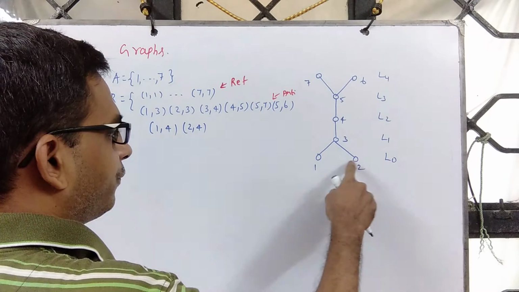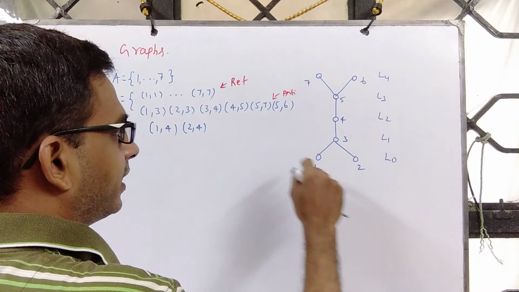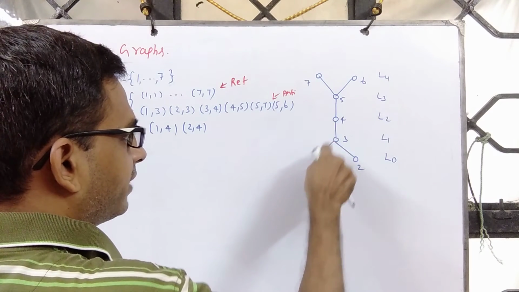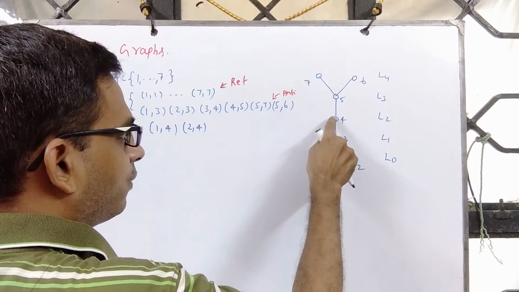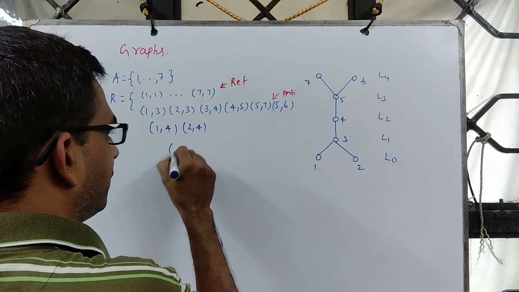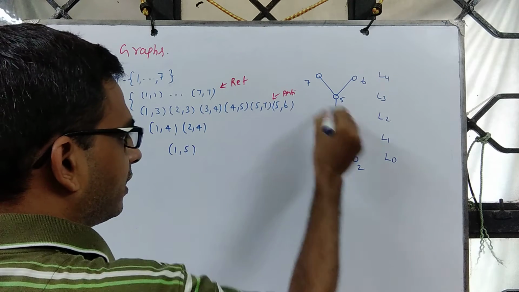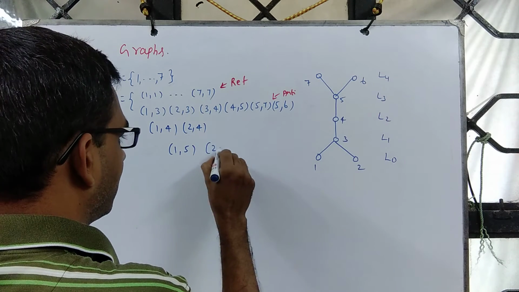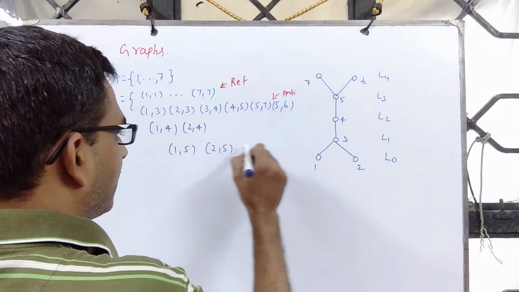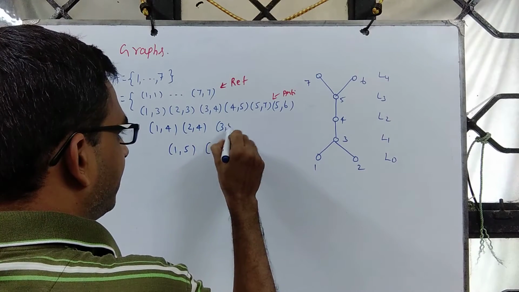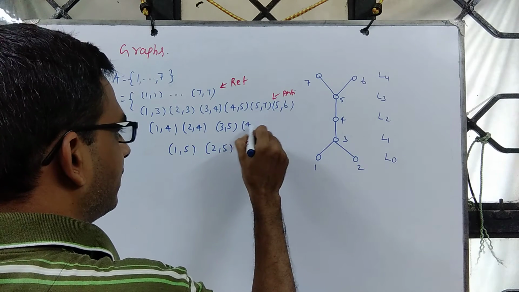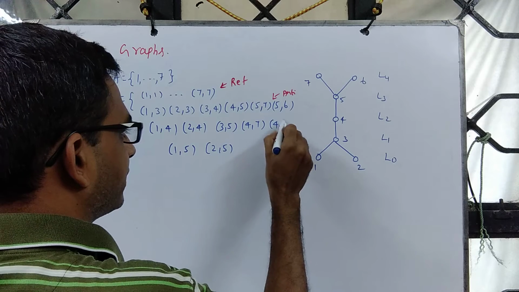Now you find 1,4 and 2,4. Not just that, 1,3 and 3,4 gives you 1,4; 1,4 and 4,5 gives you 1,5, which means you have 1,5 and you also have 2,5. Fine. Apart from that, you have 3,5 transitive arcs, then 4,7 and 4,6.